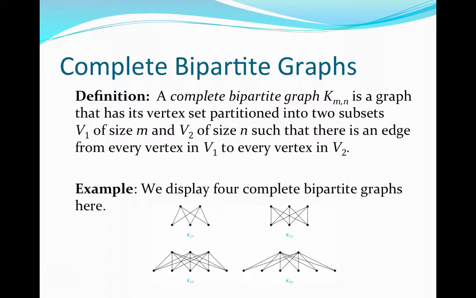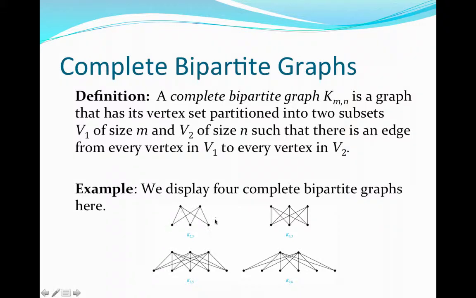So the first example we will look at is K2,3, where the first set of vertices has 2 vertices in it, and the second set has 3 vertices in it. And notice that each vertex in the first set is not connected by any edges to the others in that set, but they are connected to every vertex in the second set.